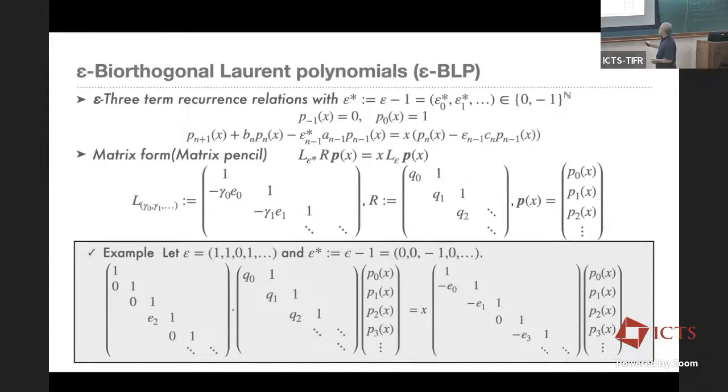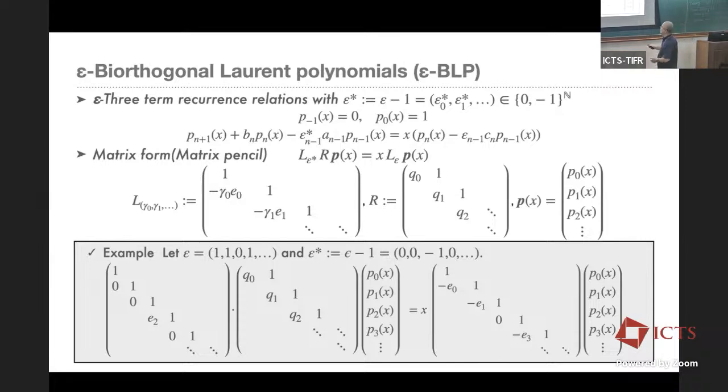So epsilon is 0 or 1. I introduced epsilon star, which is just epsilon minus 1, so epsilon star is 0 or minus 1. In this notation, we can introduce a three-term recurrence relation for this epsilon bi-orthogonal polynomial P_n. If epsilon is 0, then this term vanishes, and it coincides with the standard orthogonal polynomial case, the very normal three-term recurrence relation.